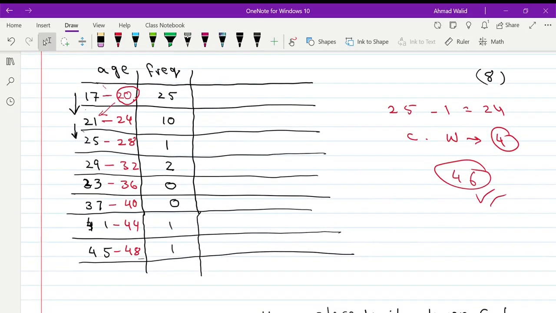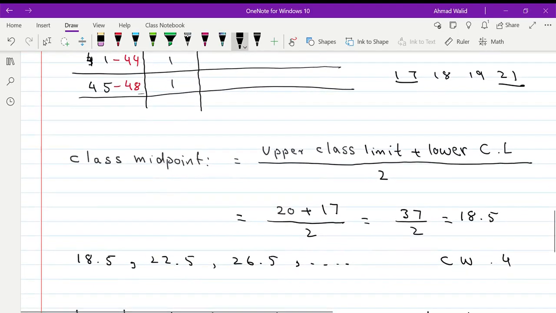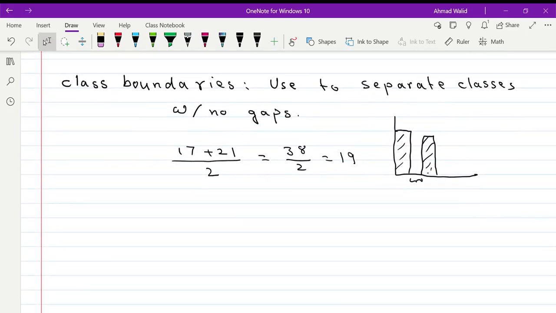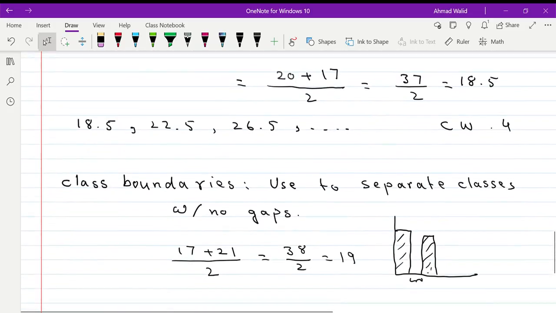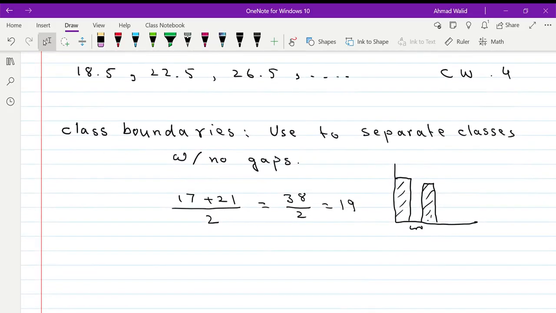Between 17 and 21, which number is in the middle? If you write 17, 18, 19, 20, 21, of course, it's 19. We always need class boundaries, and this is the way that you find your class boundaries.